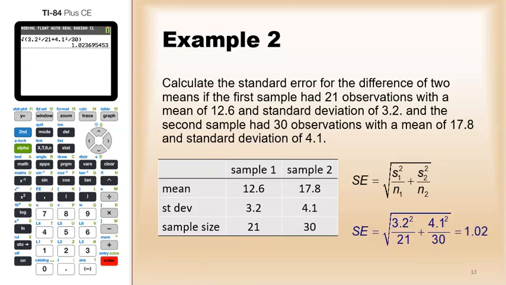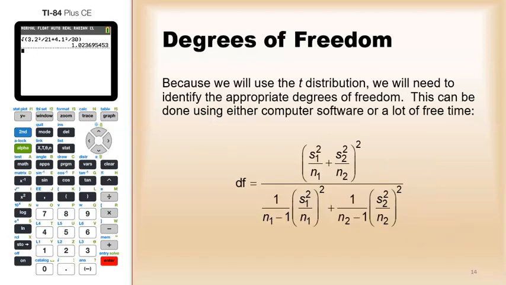Now, as for degrees of freedom, technically, it's a very complicated formula, as you can see. Because we use a t-distribution, we need to identify appropriate degrees of freedom. Technically, this is the formula. Have fun.